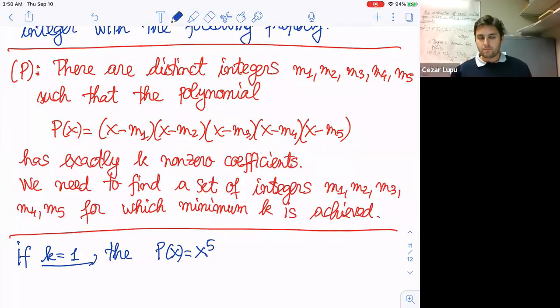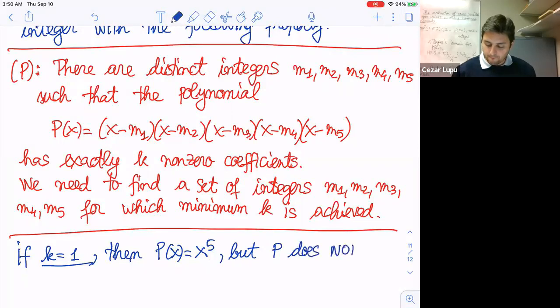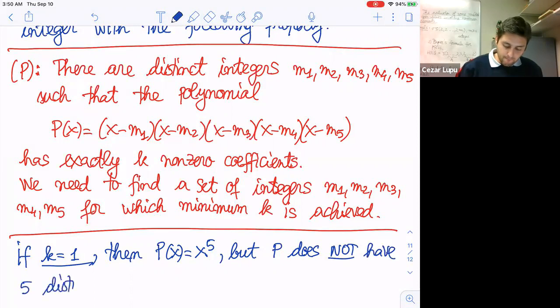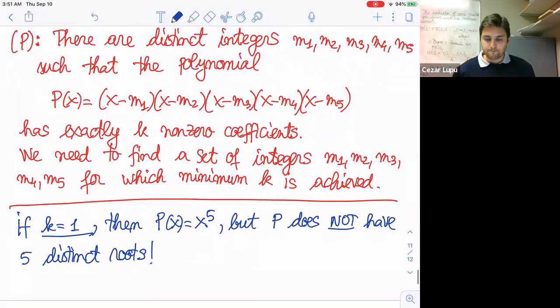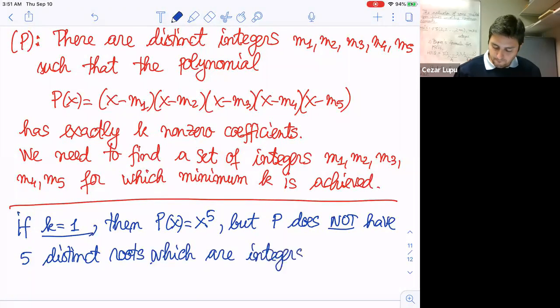But p does not have 5 distinct roots, which are integers. Okay, so this doesn't work.